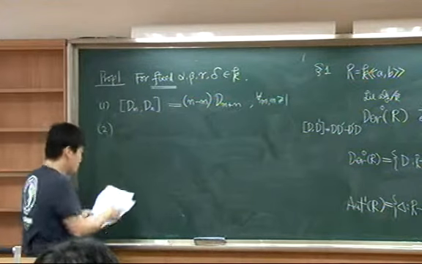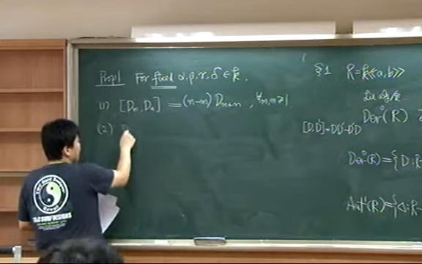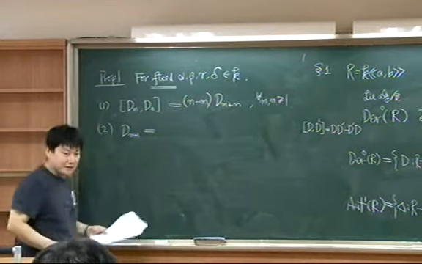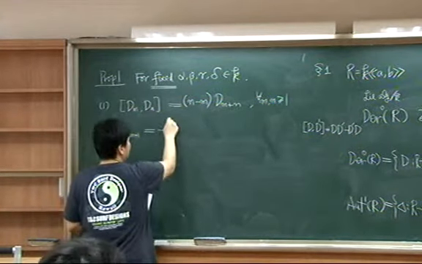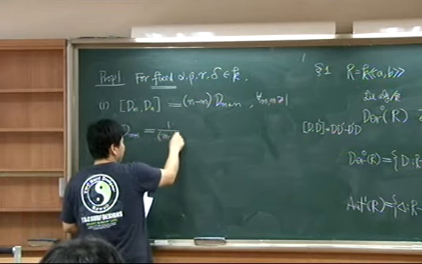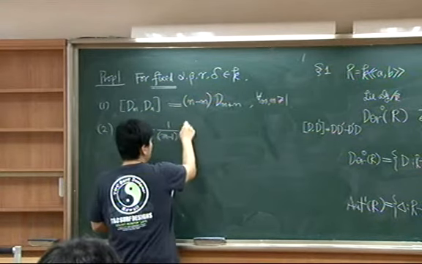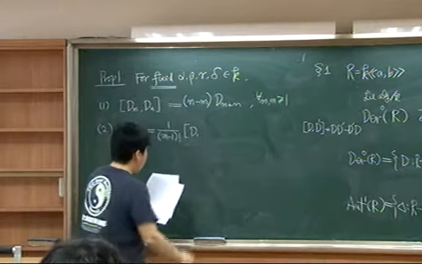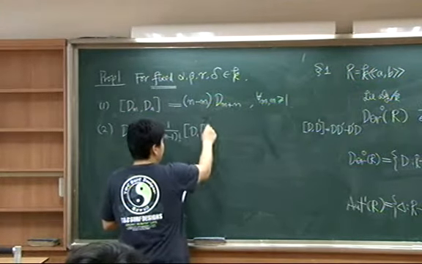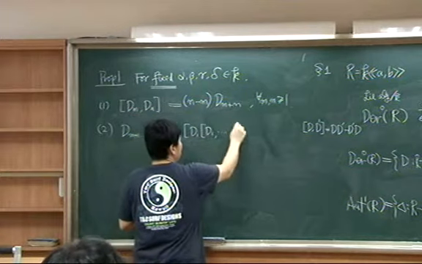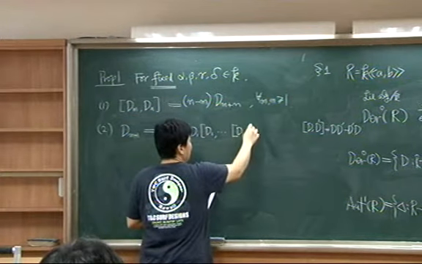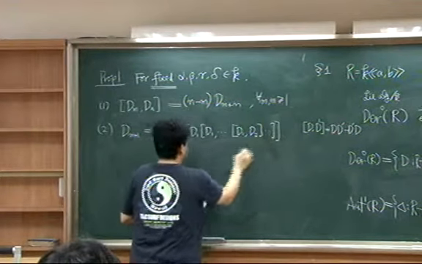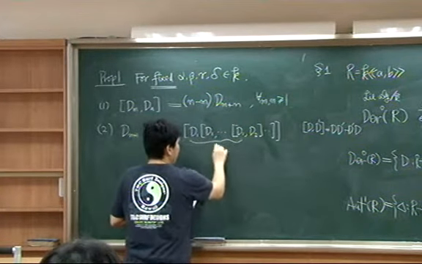As a second proposition, d m plus 1 can be written by iteration of the adjoint of d1. Here, the number of d1 is m minus 1.